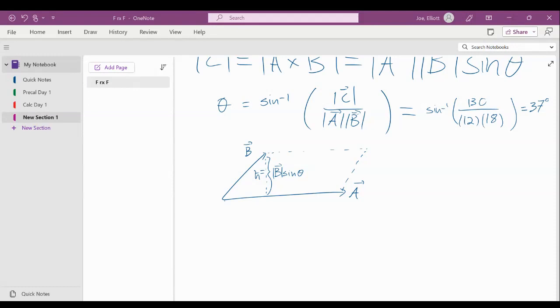All right. All right. So, yeah, that was because I got done with it. So we have that the angle between A and B was 37 degrees.